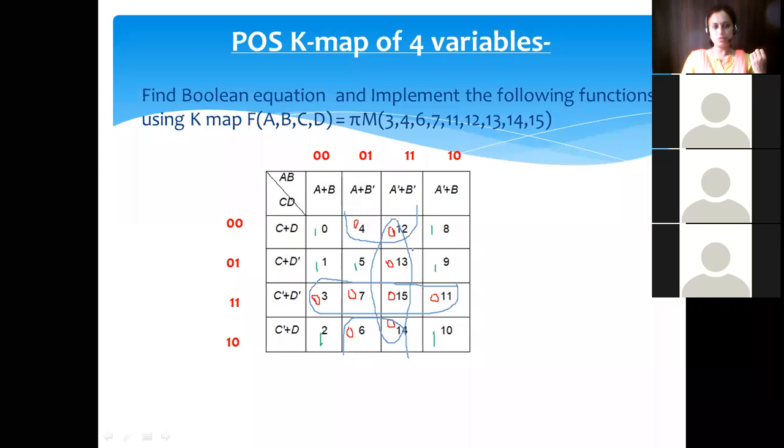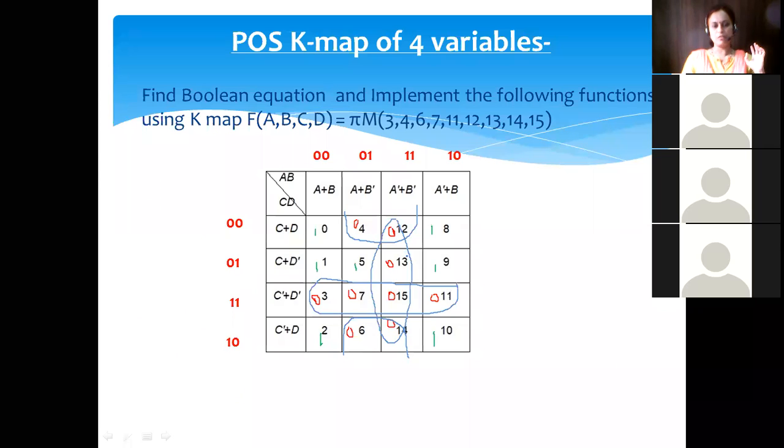Although the 12 and 14 terms are already used, they can be utilized one more time for this quad, and that way we can eliminate one more variable. It will simplify the equation more, giving a term with only 2 variables. Are you getting my point here? Yes, ma'am.